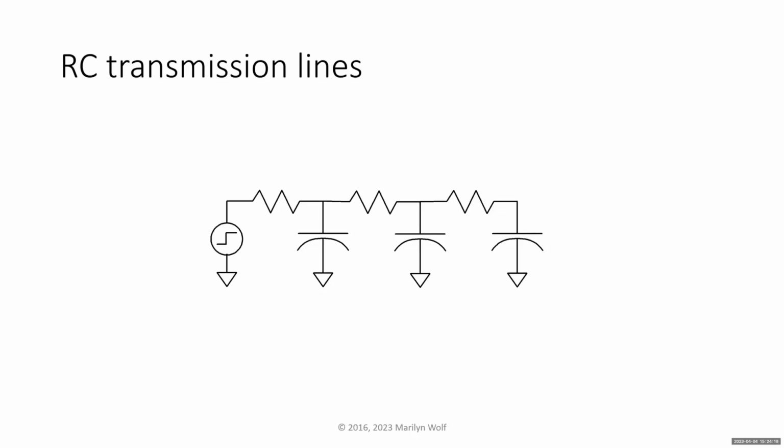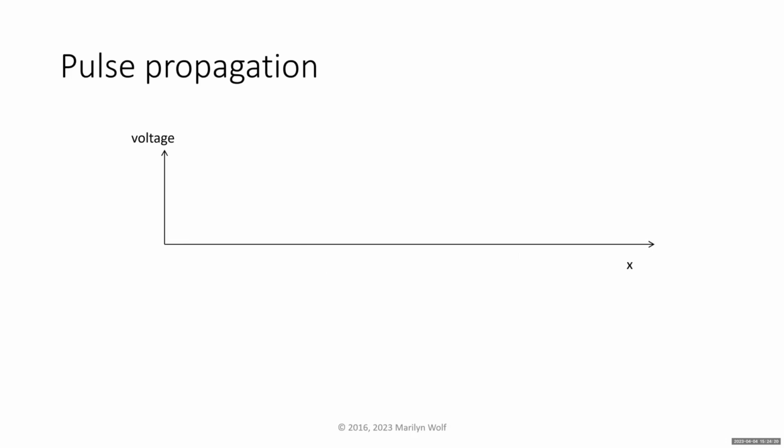Let's take a fairly simple qualitative view of what's going to happen here. We start with a pulse put at the input here. In this case, the x-axis is not time, it is distance from the source, from the input. So we put a step function at one end of the wire. What's going to happen?